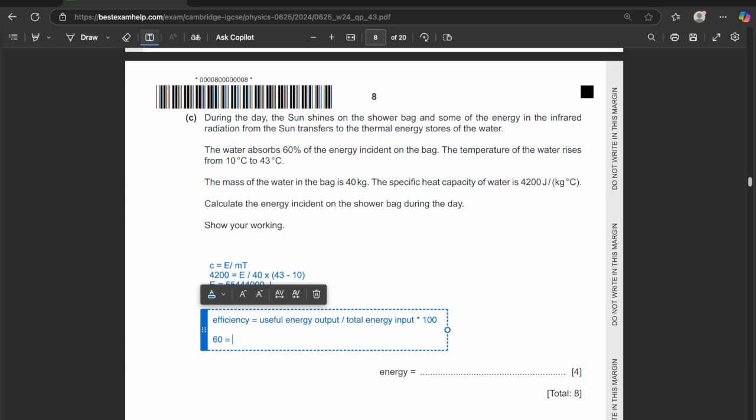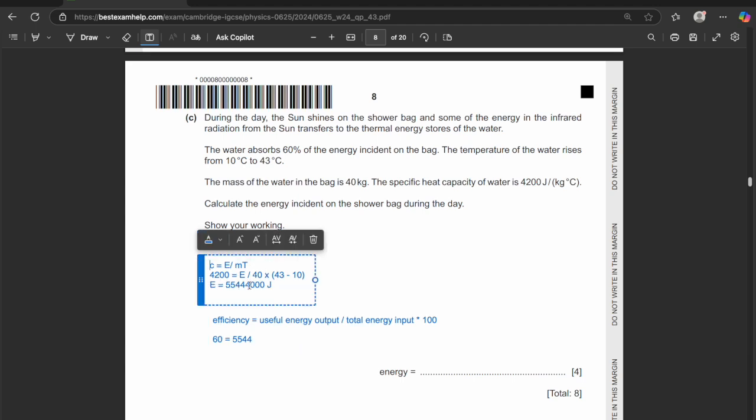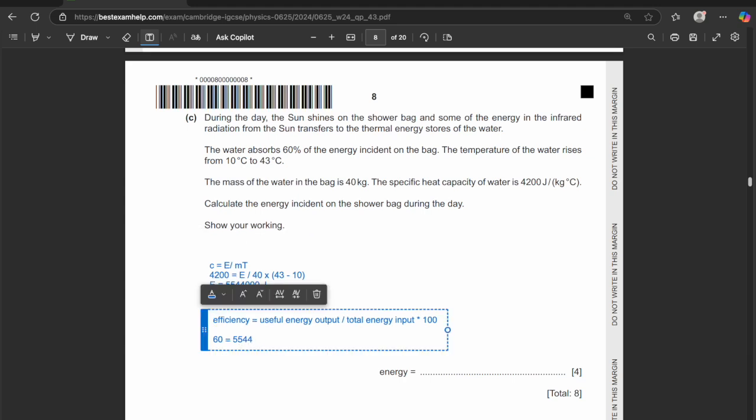Useful, this is what we just calculated, 5,544,000 divided by the energy that we're looking for. So that will be 5,544,000 divided by 0.6. That is, we get 9,240,000.